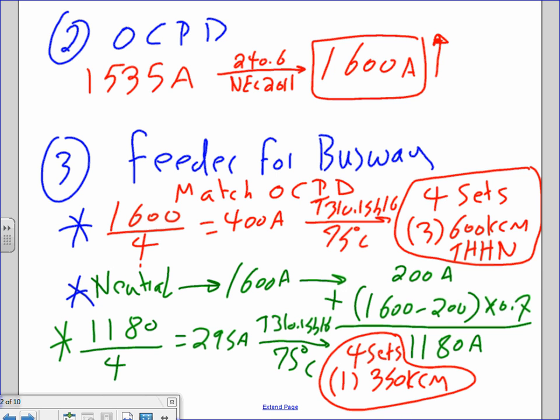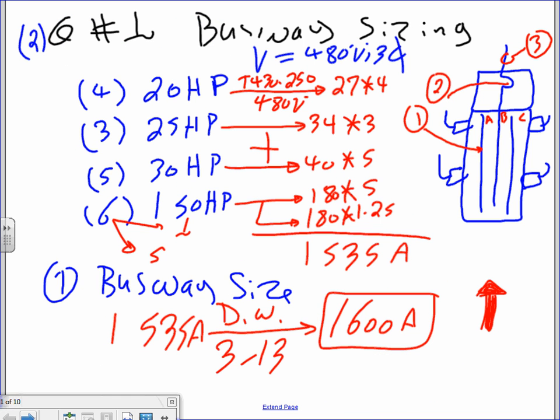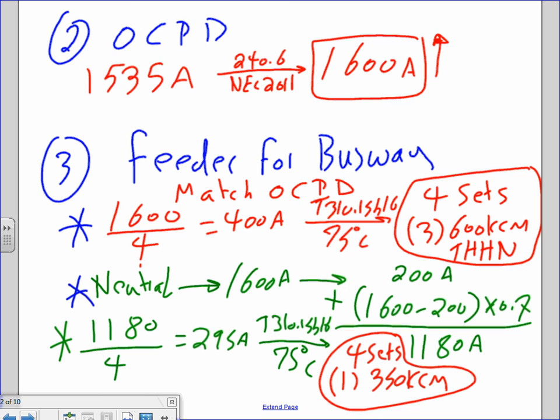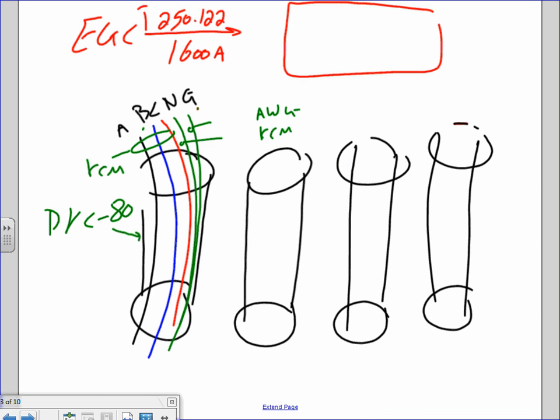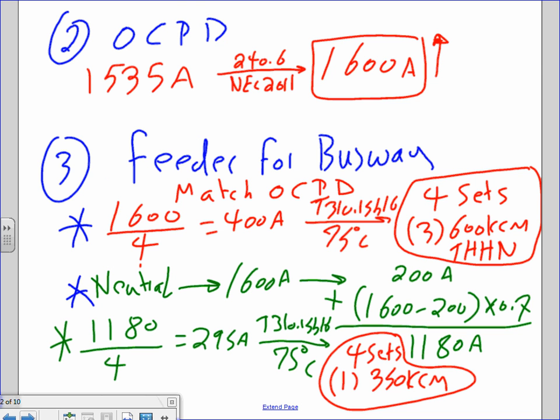Based on the loads that I'm telling you right here, the neutral should be 0. There is no neutral. If you were to size a neutral, this is one way of doing it. Again, I can't emphasize enough, this is 10% of the time. Cool? I don't want you to hang up on the neutral. Typically, there is no neutral with these busways.